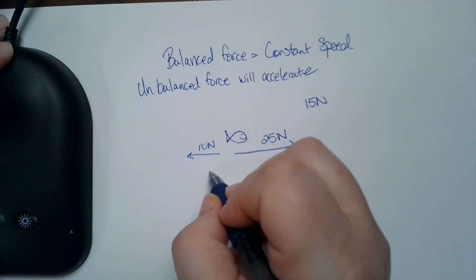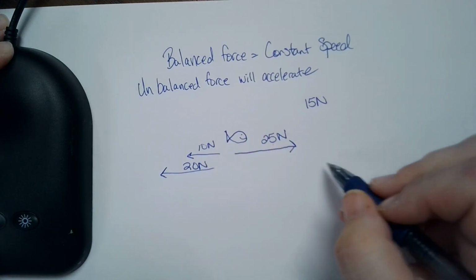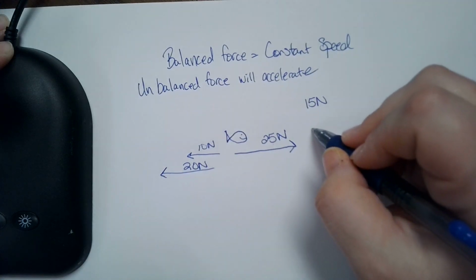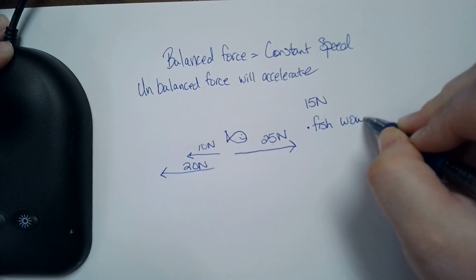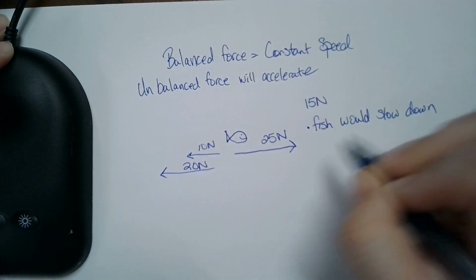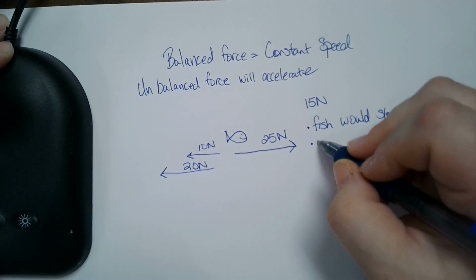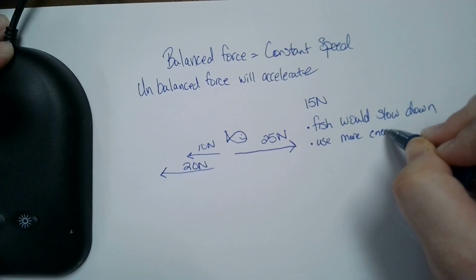What would happen if this increased to 20 newtons? The fish would slow down. Or he would have to use more energy to stay at that speed.